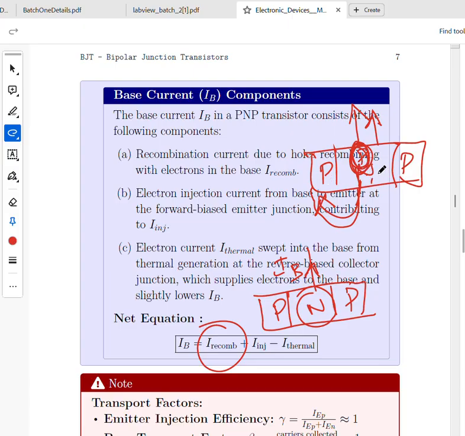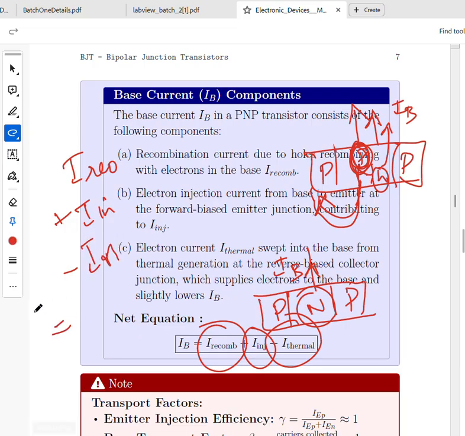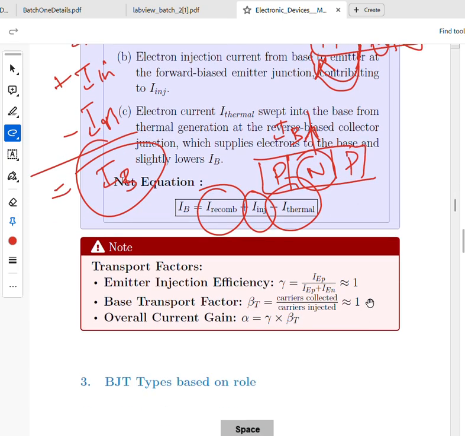This new hole has to go out. If this new hole goes out, there is more IB, no? That is why injection will again increase IB. Thermal will decrease IB, okay? So I recombination plus I injection minus I thermal will equal IB. These are the factors affecting the IB current.